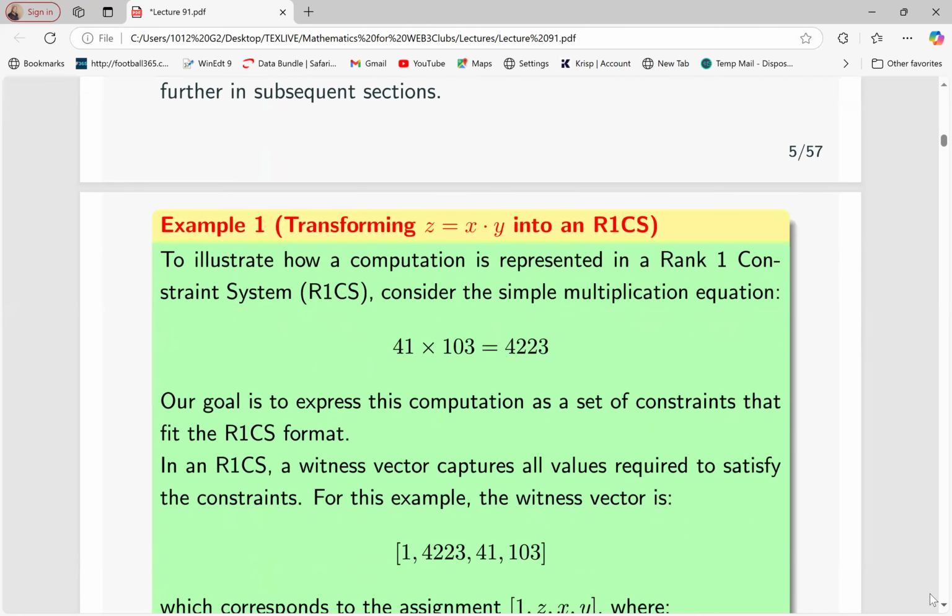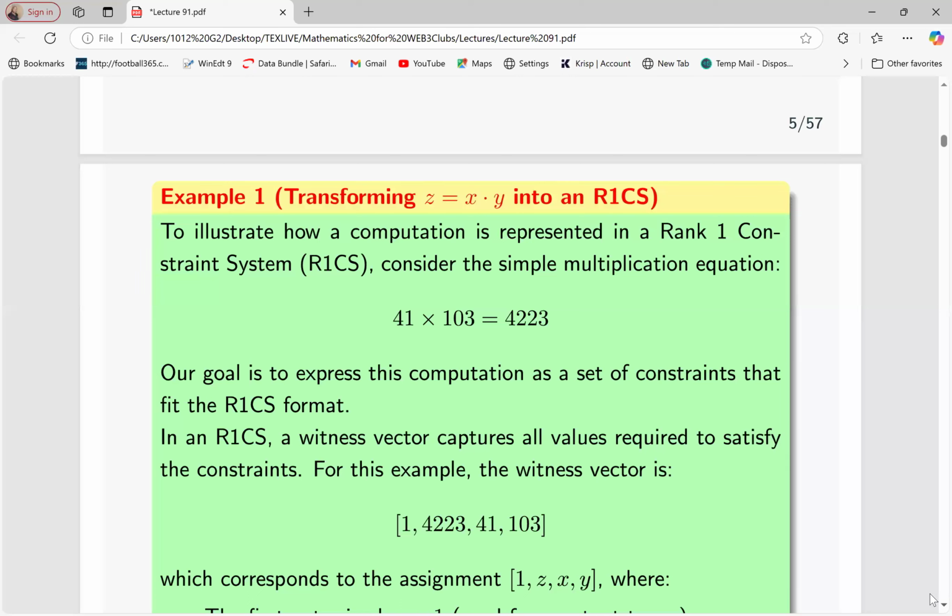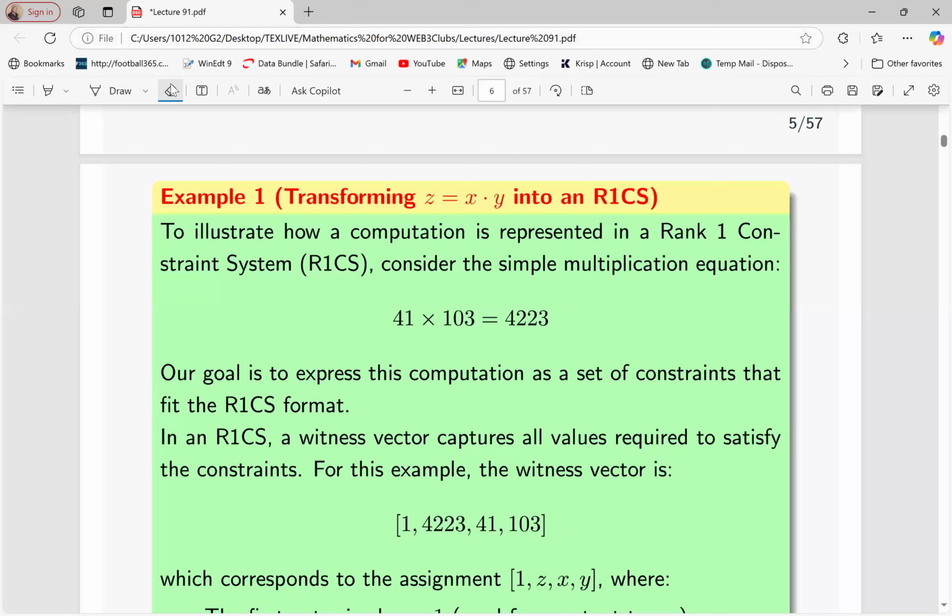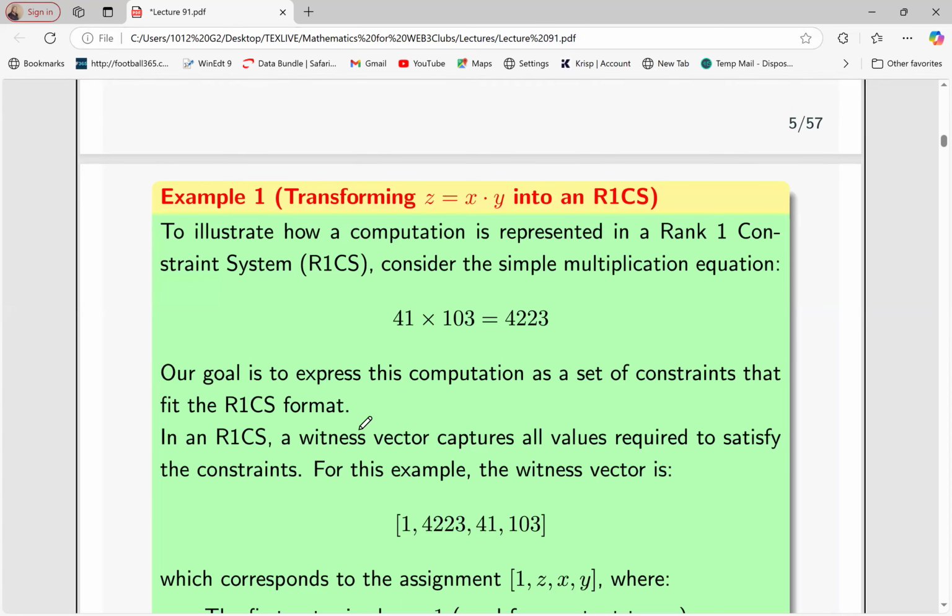Now, I've just used a simple example of how to transform. Of course, we've seen the above example, but let's look at this other example. This other example is very easy because we already have only one single multiplication.